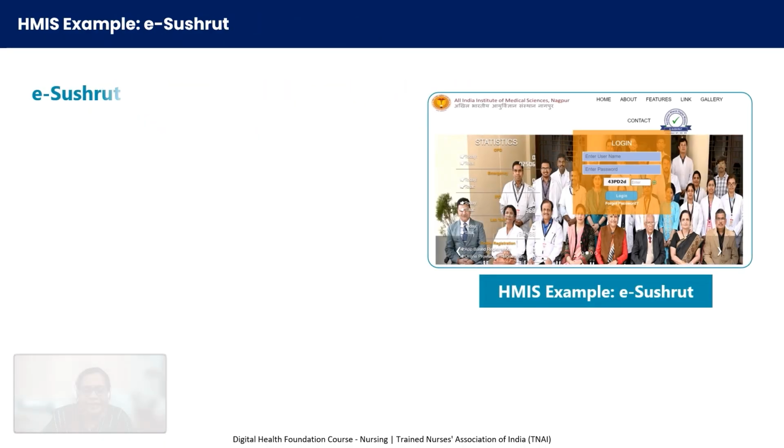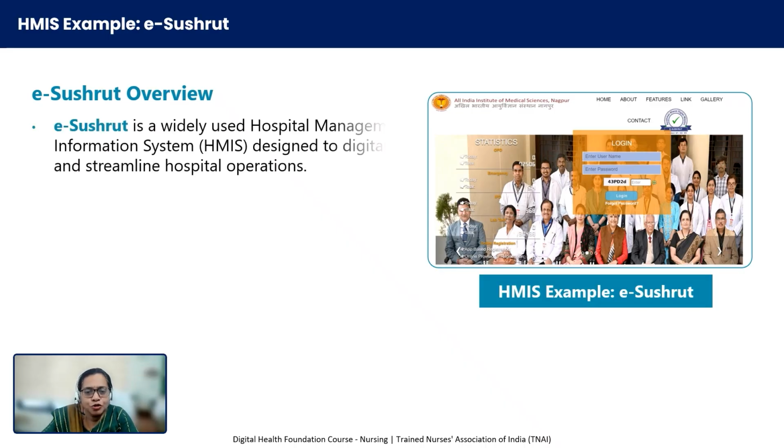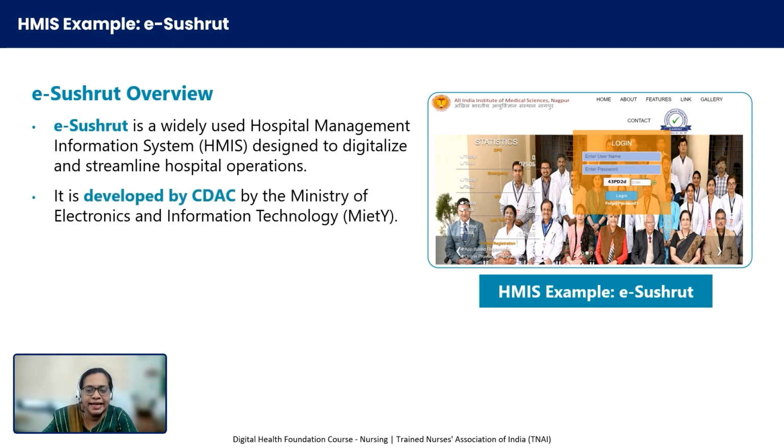Now let's explore a real-world example of a hospital management system which is of interest to all of us, called E-Sushrut. E-Sushrut is a widely adopted digital solution designed to streamline and simplify hospital operations across India. It is developed by CDAC under the Ministry of Electronics and Information Technology, making it a government-backed and very robust platform.